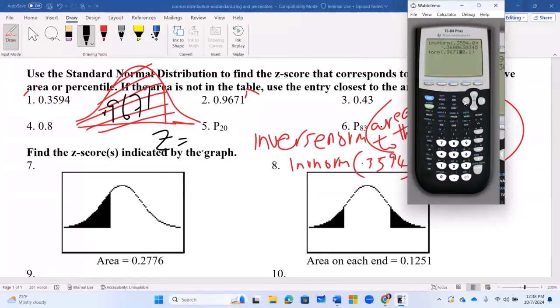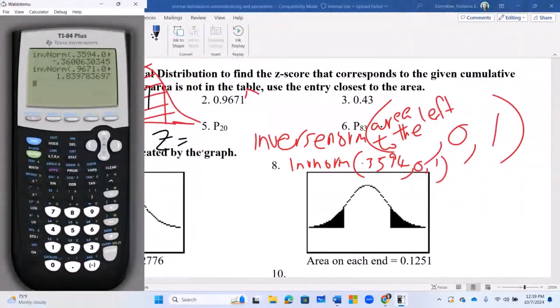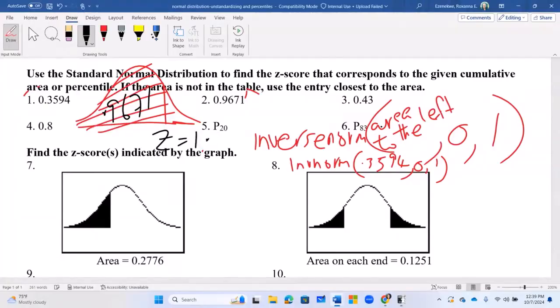Then the mean is 0, the standard deviation is 1, and I hit enter, and my answer, the z-score, is 1.84 approximately. You know why it is positive? It is positive because 0.9671 is greater than 0.5. All right.